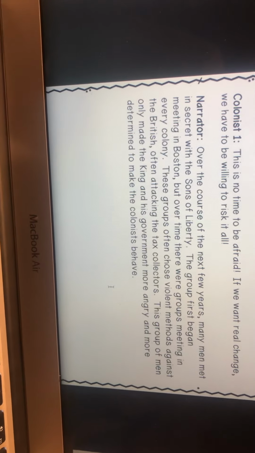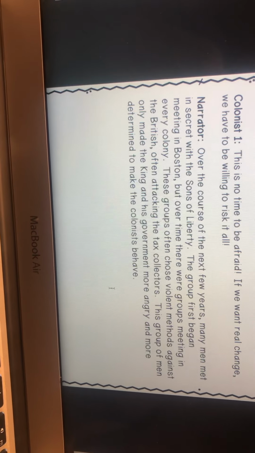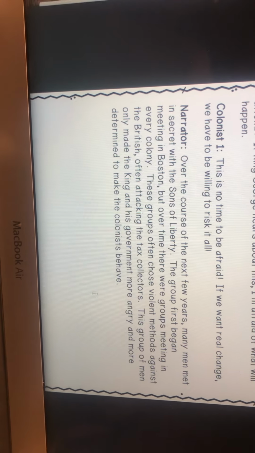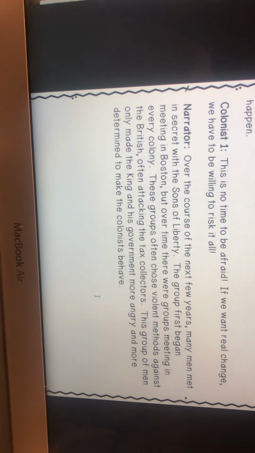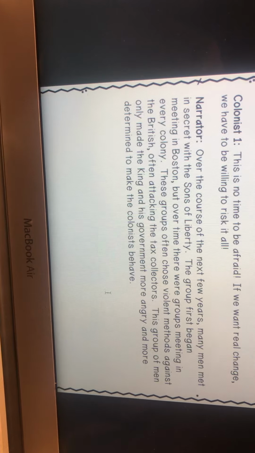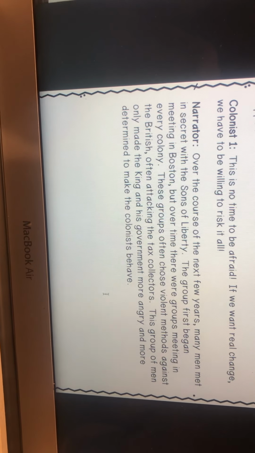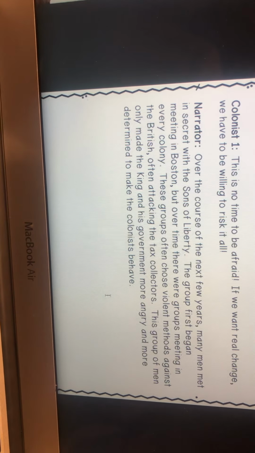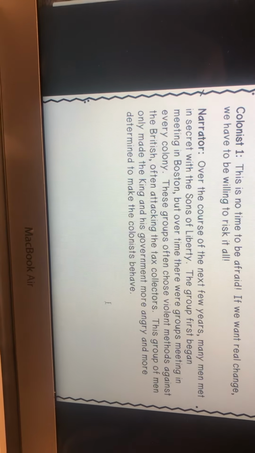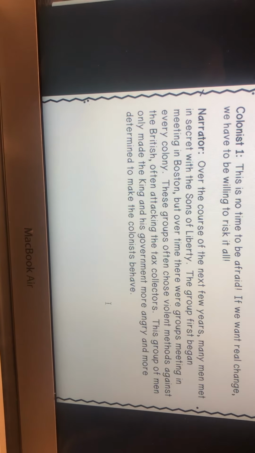So the Sons of Liberty is a group of people that started to meet together because they felt their opinions could be heard around each other. One way to get their opinion heard by the king was misbehaving, according to the king, and attacking the tax collectors.